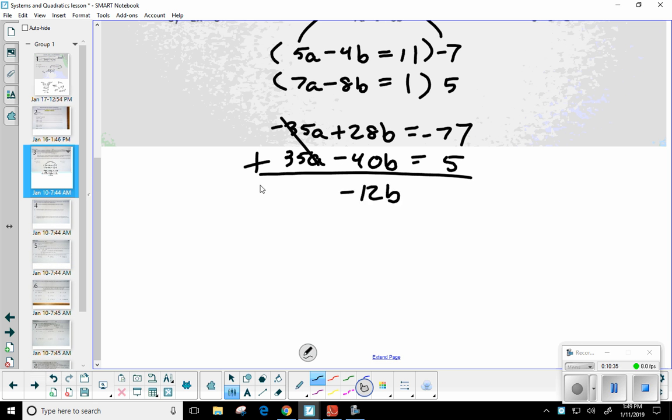Yep, that's what it'd be. Okay. And negative 77 plus 5. Negative 72. All right. And see, when you eliminate one, you're able to solve for the other immediately. So we divide through by negative 12. So my answer is going to be positive what?